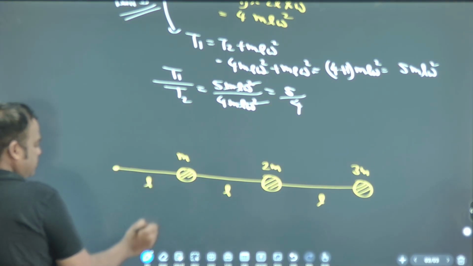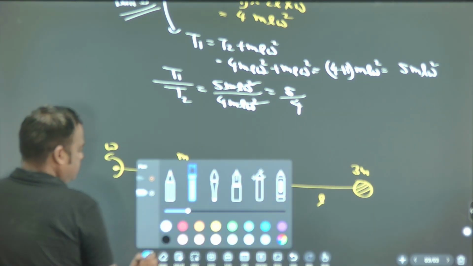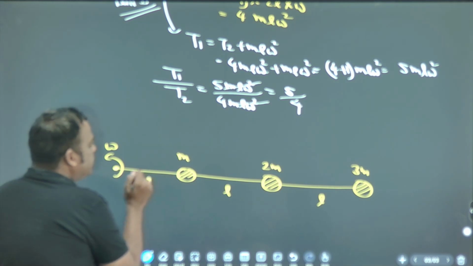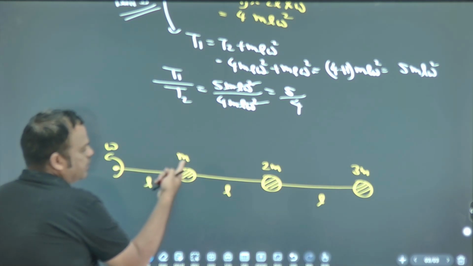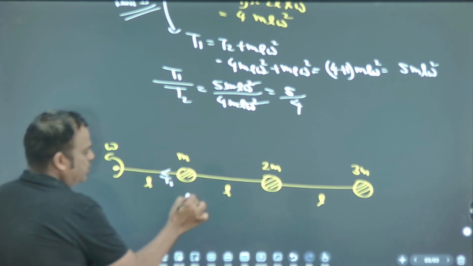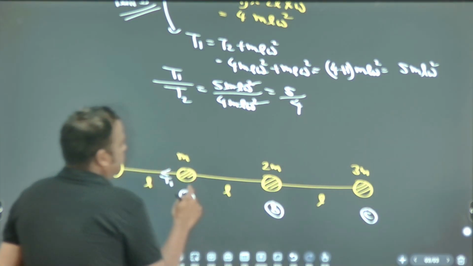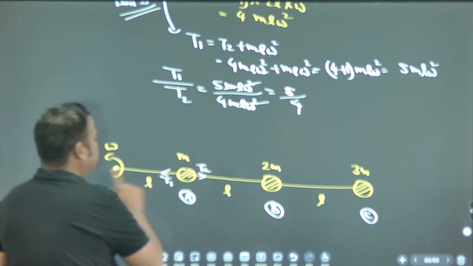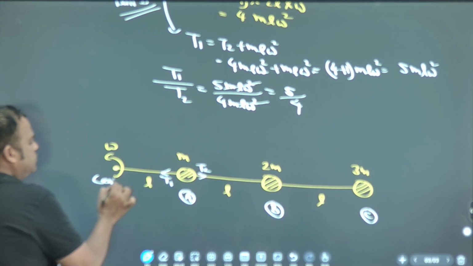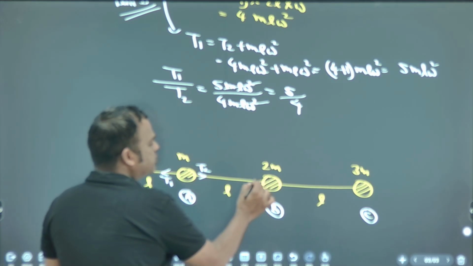Now calculate. Now first string tension T1. So for ball A, okay, this is ball A, ball B, ball C. So T2 will act right side, away from center, right? This is center. For 2M, what force will act towards center?